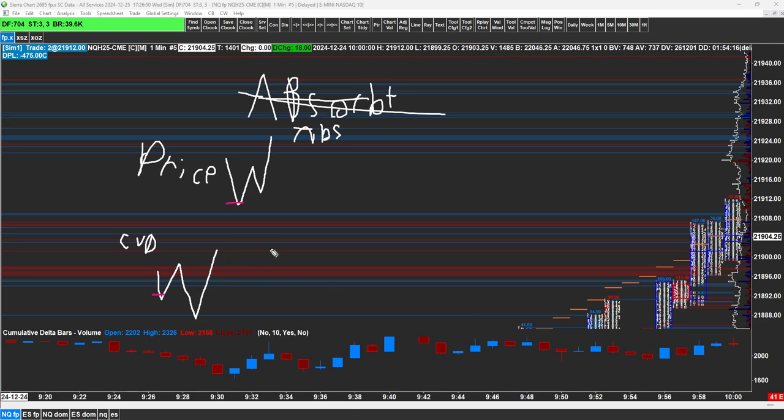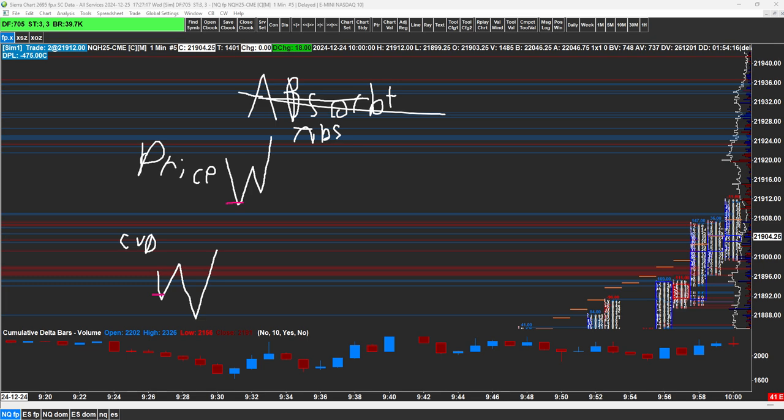You want the reference point to be made very recently, or it's not going to work. The reason it won't work on a higher time frame than that is because of the tick sizes. This is how NQ and ES move, but the delta could move like this. It's really hard to explain, but it just won't work.